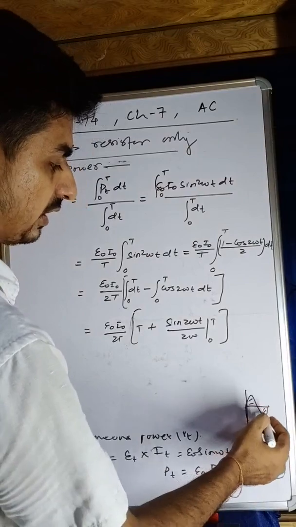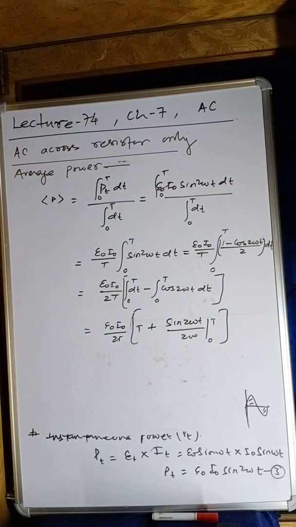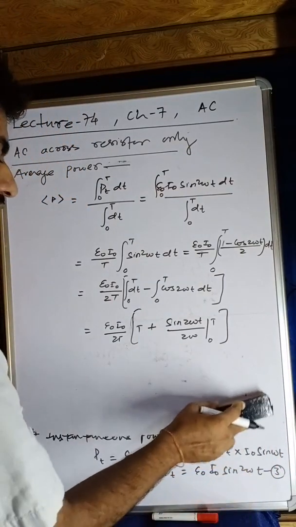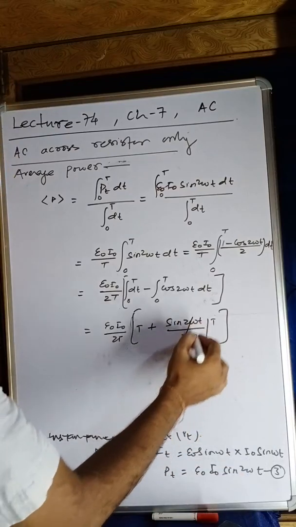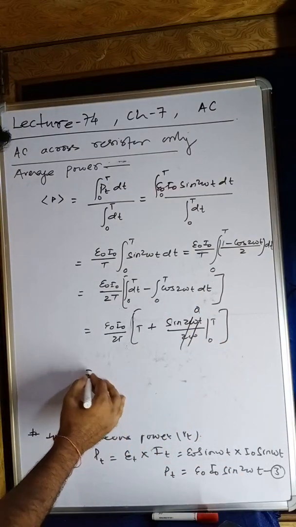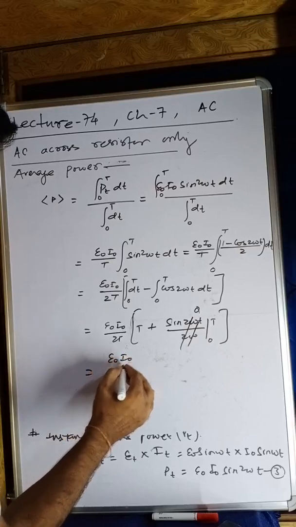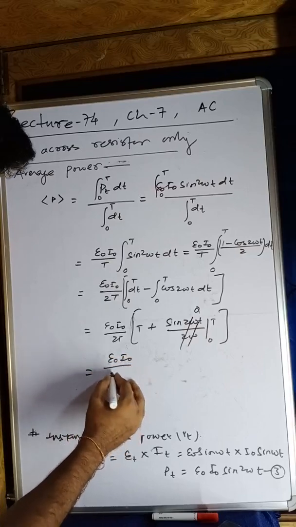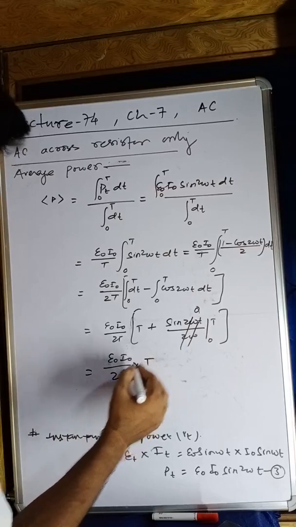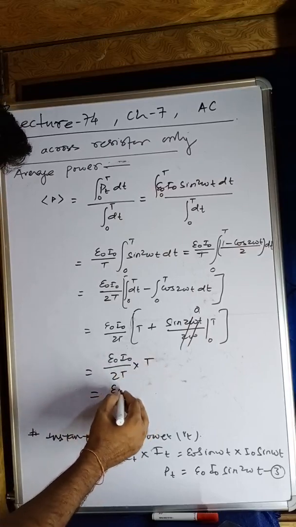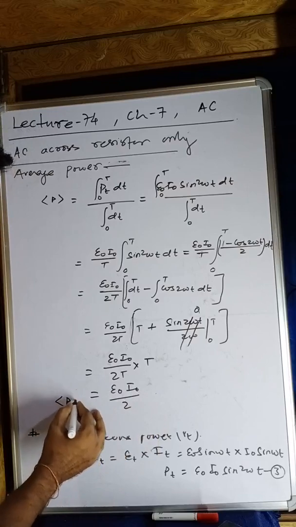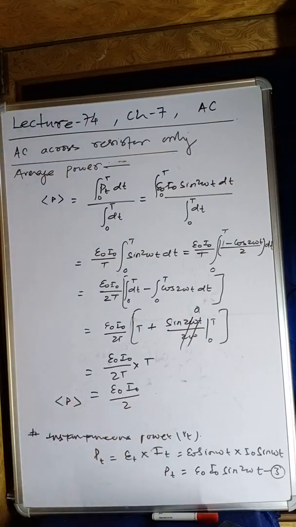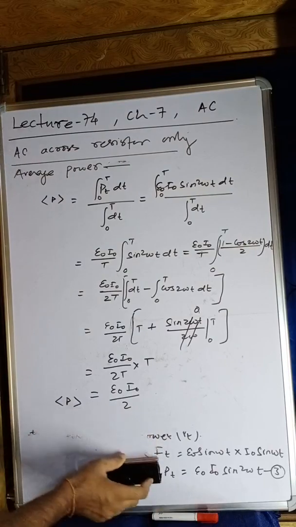So directly, my dear students, we can write, if this is 0, then it is E naught I naught by 2T into T, and it becomes E naught I naught by 2. What is this? This is the average power.